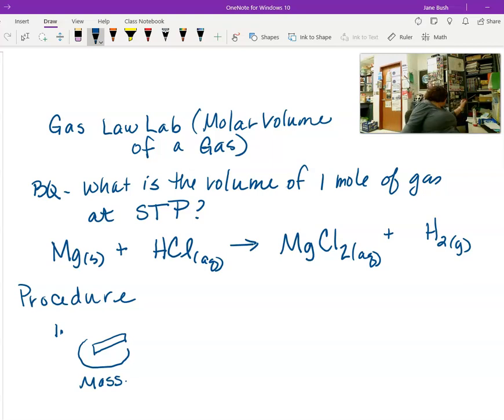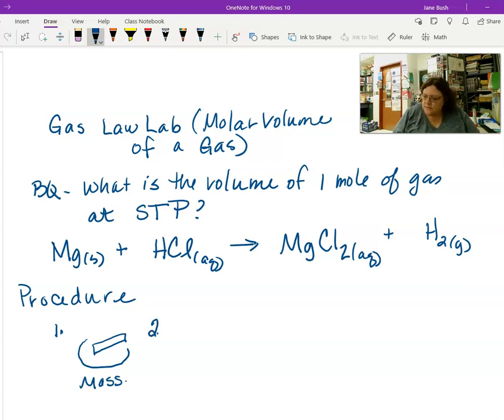I thought I printed the second page, but apparently I didn't. Oh yes, I did. Here it is. You've got a data table on the second page of this lab that will need to go into your lab notebook. So you'll record it in your data table.